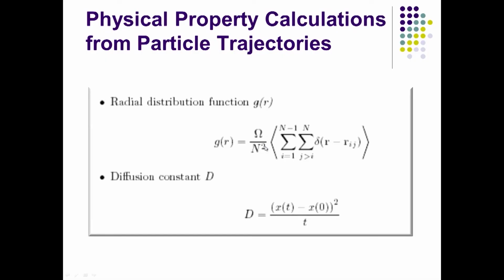So, now if you look at this, we essentially are able to find the radial distribution g(r) for a pair potential by looking at a distance r, and you are looking at delta of r minus r_ij.